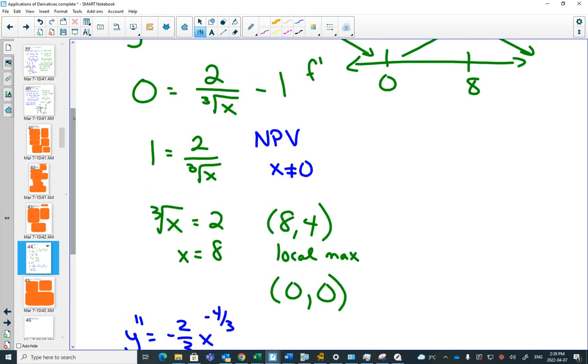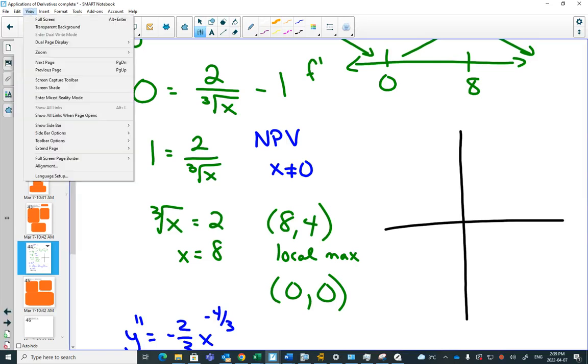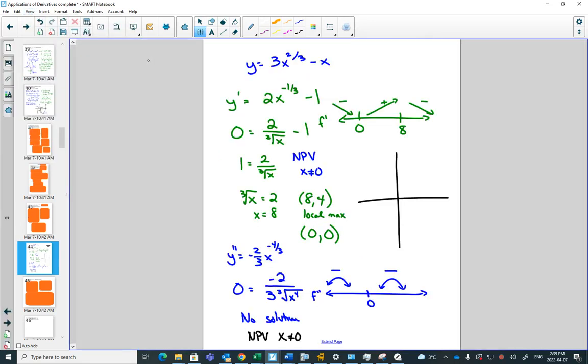I'm going to put my graph right here. I'm going to zoom out so we can see all of our work at once. I'm going to label 8, 4. I'm going to label 0, 0.